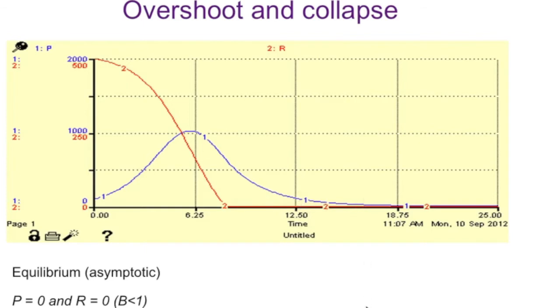So the equilibrium is an asymptotic equilibrium, where P equals 0 and R will eventually reach a 0 value, or it will be smaller than 1, referring to the birth, because B is birth, so it will be smaller than 1.